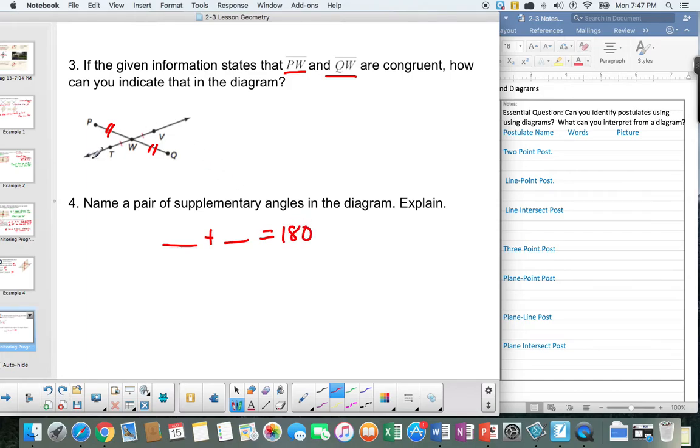If I use this angle and this angle, and I use the angle addition postulate, those two will add up to 180. So the angles are angle VWQ and angle QWT. There is more than one answer, but these are the two that I'm going to put. And this is the end of the screencast.